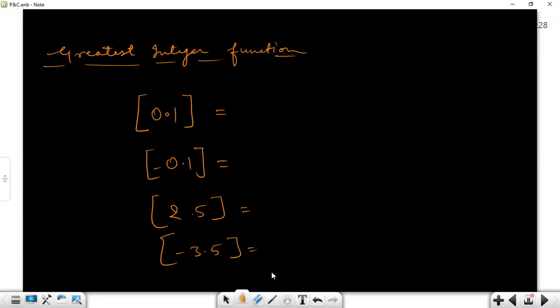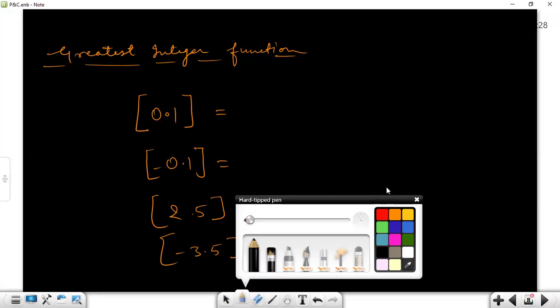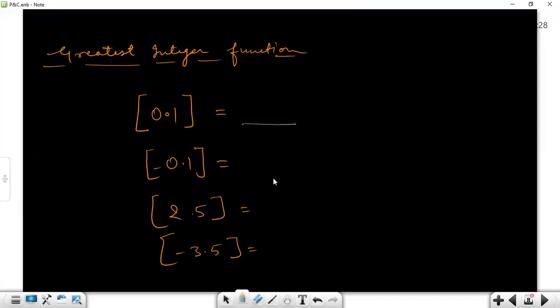Can anyone tell me the answer, please? Sir, is it the nearest number? No, it's not the nearest number. It's the integer part of the number that is there.